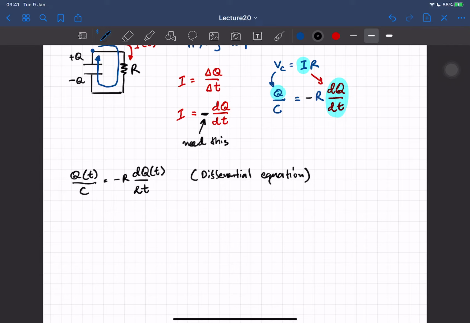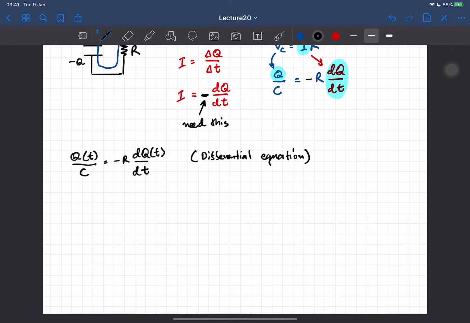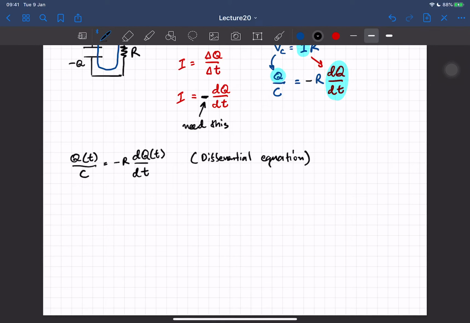In this case, you find the function q that solves this equation. In a more advanced course, you're going to have integral equations, where you need to find the function that solves an equation that involves the integral of the function. But anyway, let's try to solve this.